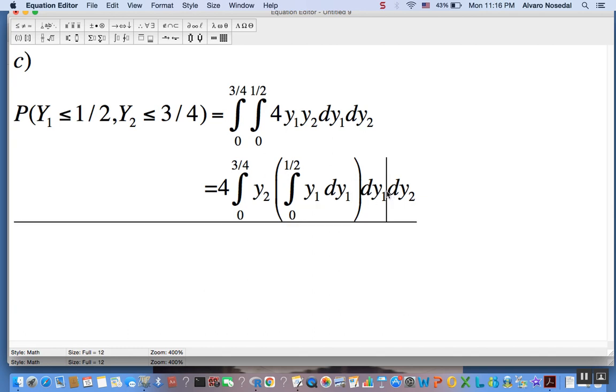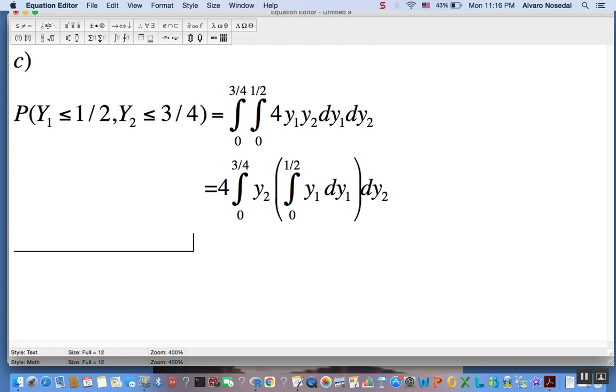Okay. And that's going to be just y1 squared divided by 2, right? So let's try to do this kind of quickly.